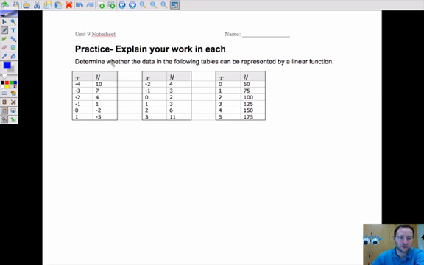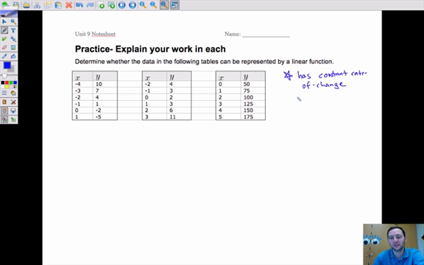The first section here is to determine whether the table can be represented by a linear function. In other words, is this linear or not? The key to defining linear is that linear always has a constant rate of change.